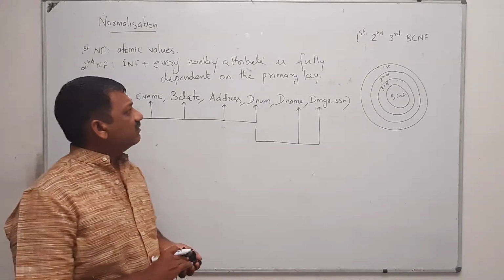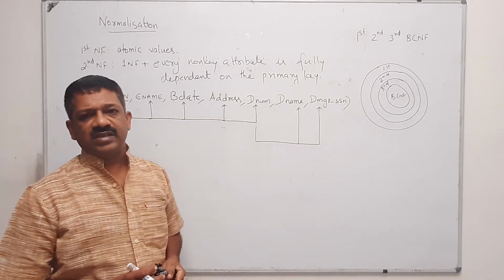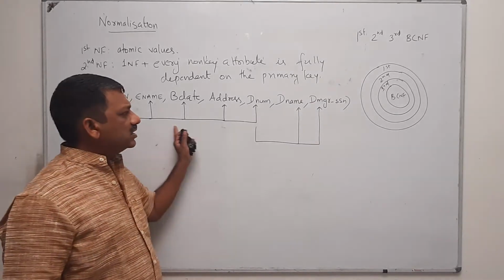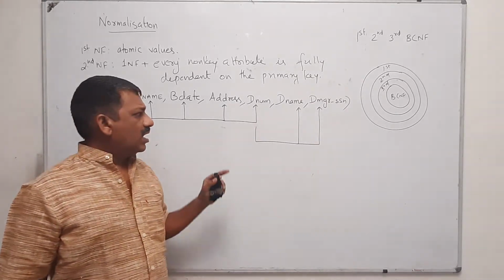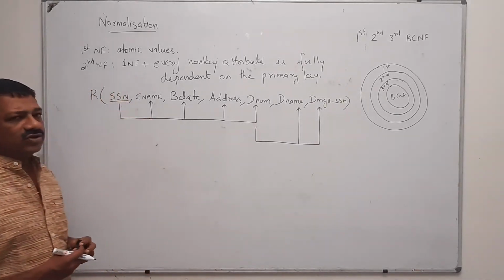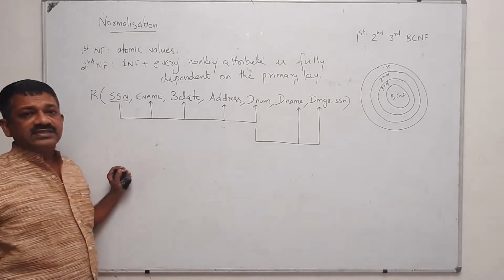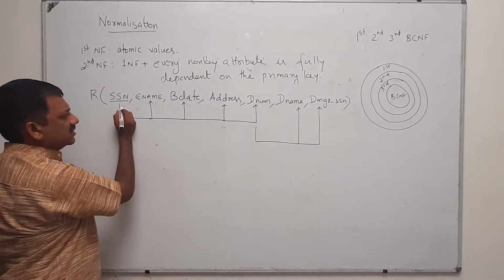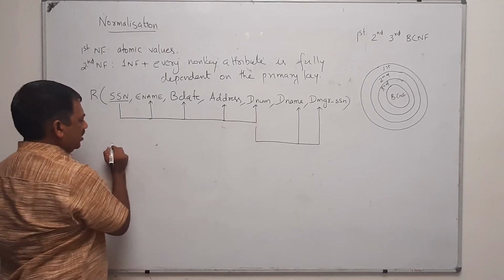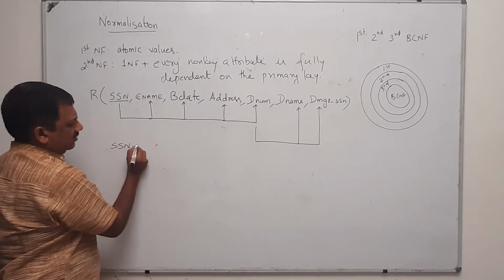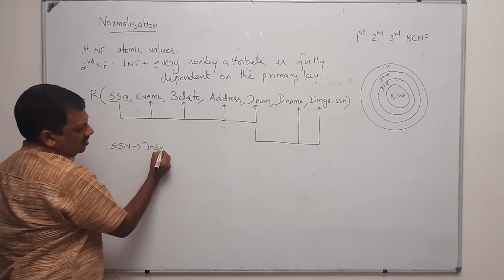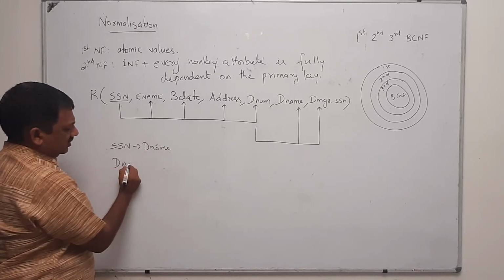That means here we don't have any partial dependency. So this is in second normal form, and it is not in third normal form because we have a transitive dependency.